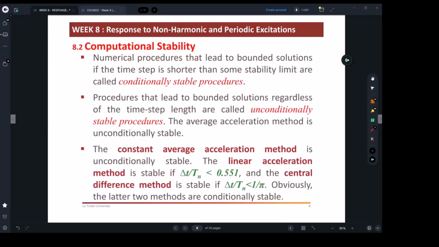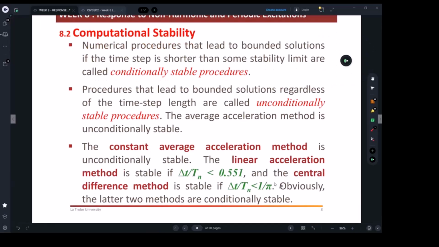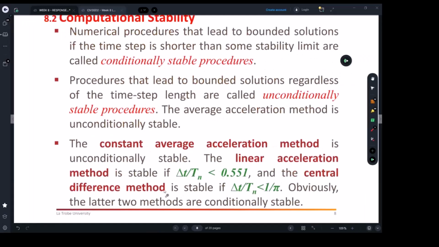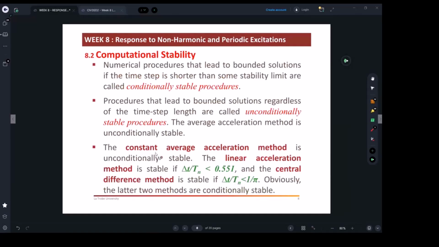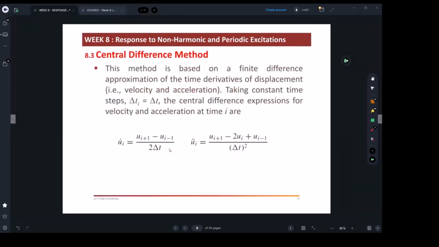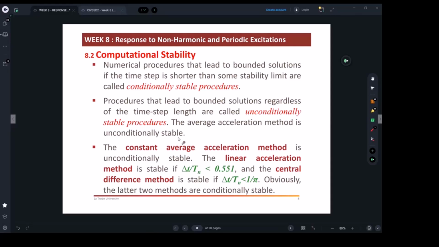And these are again the methods we're going to be applying in the subject. So for the central difference method, we need to make sure this ratio again is less than 1 over pi, which is 3.14, etc. That's basically what this slide is referring to.